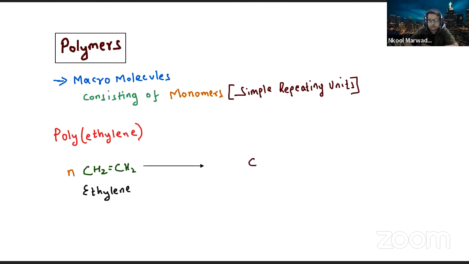CH2, CH2. This is a repeating structure. CH2, CH2, it is so strong, it will keep on repeating these monomers. And this is the polythene, that is the polyethylene.